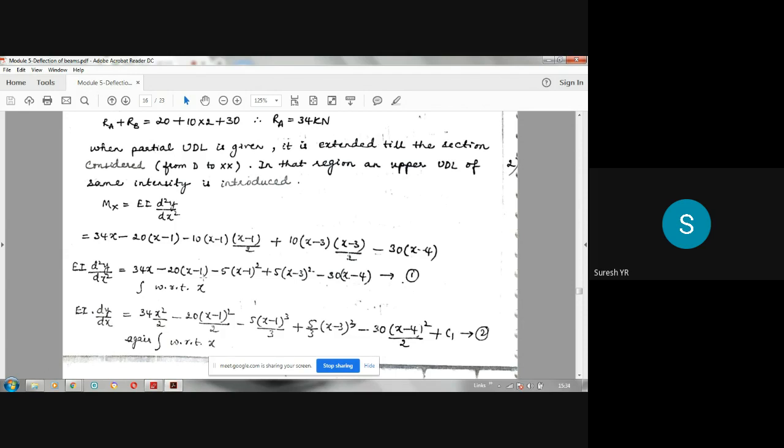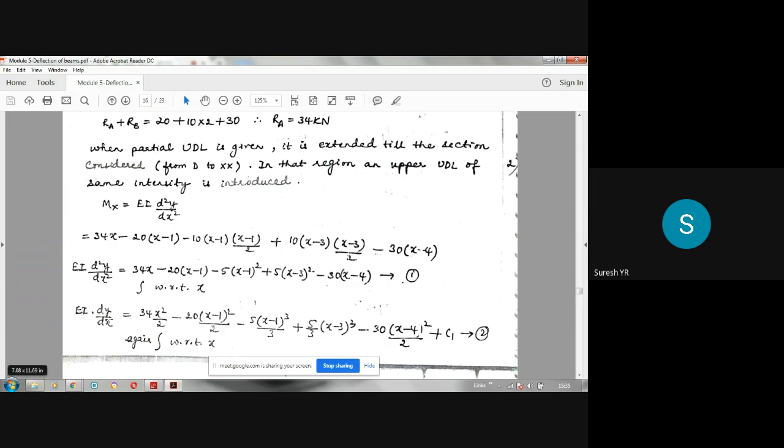So in Macaulay's method, x minus 1 whole square by 2, minus 5 into x minus 1 whole square, treat it like x square. So x minus 1 whole cube by 3, that is the integration, plus 5 into x minus 3 whole cube by 3 minus 30 into x minus 4 whole square by 2 plus C1. Don't forget to add this C1, the constant of integration. So this is the slope equation.